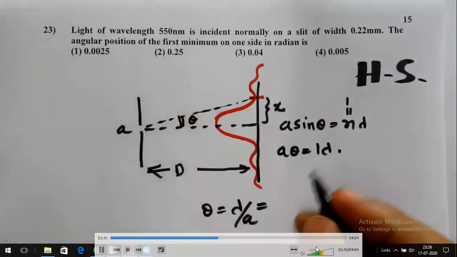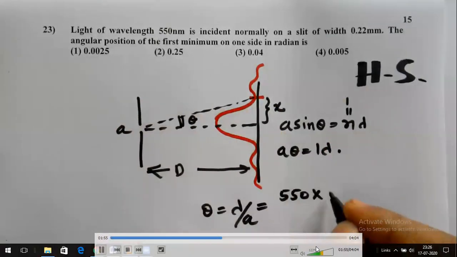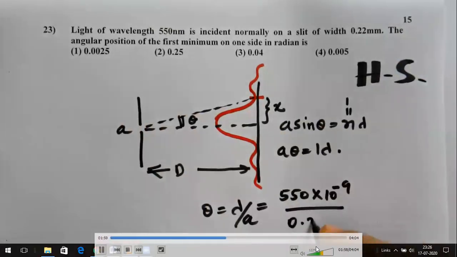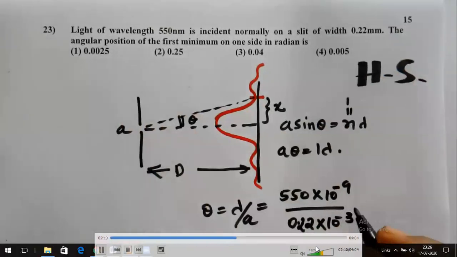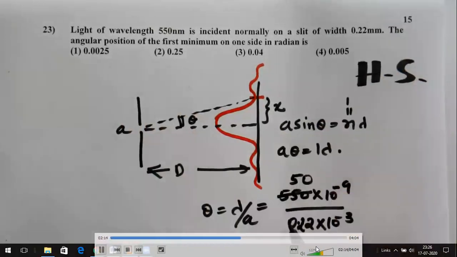Lambda is 550 nanometer, and a, width of the slit, is 0.2 millimeter, that is 0.2 into 10 to the power minus 3, and if you divide this by 11, 5 times 11.01 times.